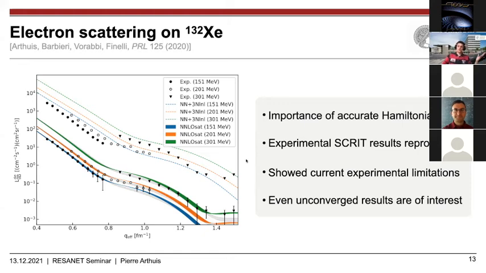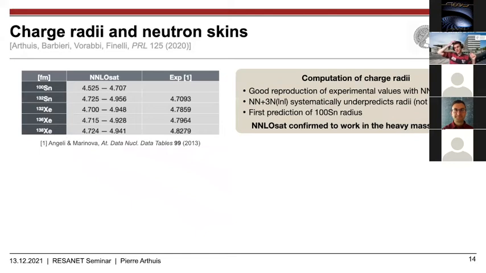So from the experimental results, we then move to charge radii. Here you have four sets of nuclei, Tin100, Tin132, and our 3 xenons, 132, 36, 38. You have our end-to-end error bars, and here the experimental values extracted from the nuclear data tables.